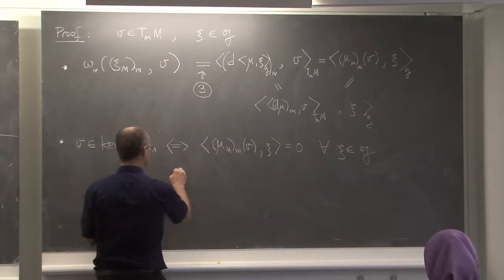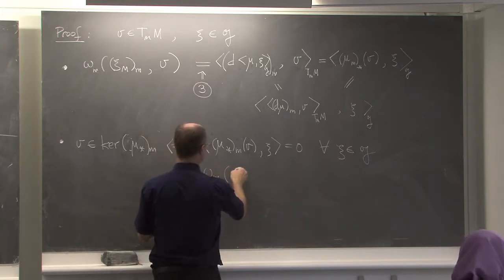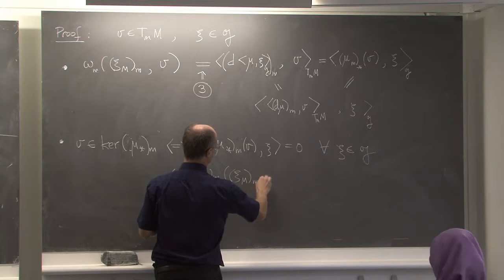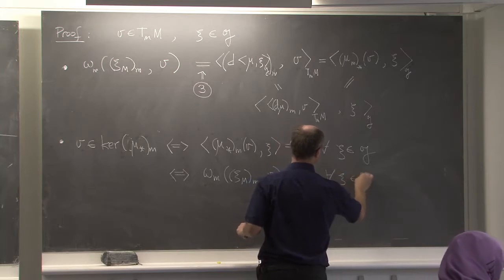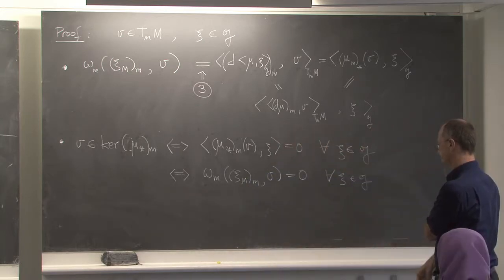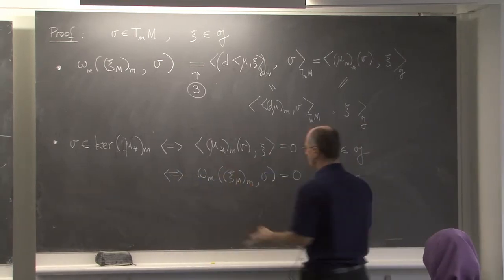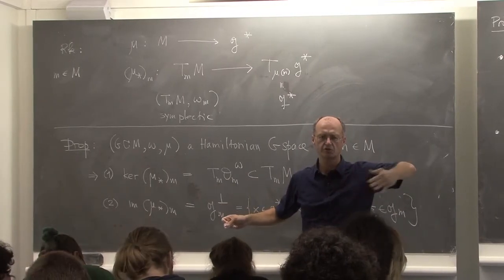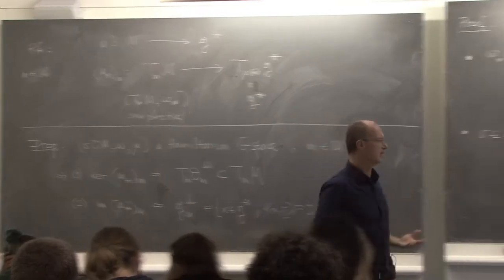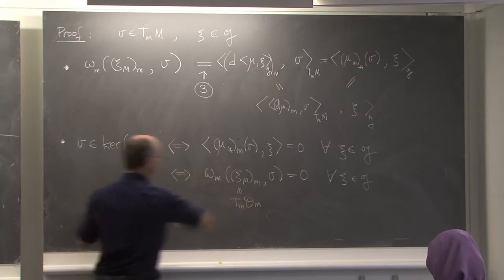Now, this means that's the same as omega_m on this side. But now, these vectors span the tangent space to the orbit. We know that the tangent space to the orbit is the image of this map of the Lie algebra into the tangent space.